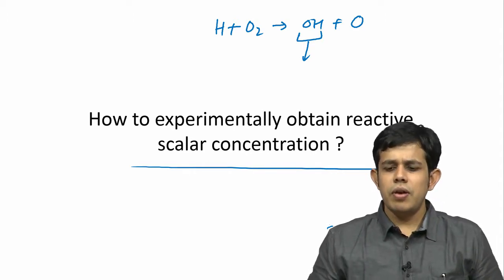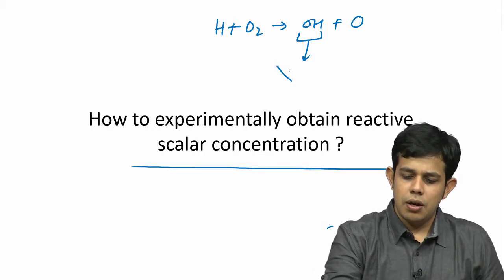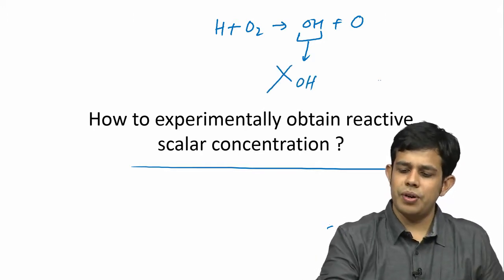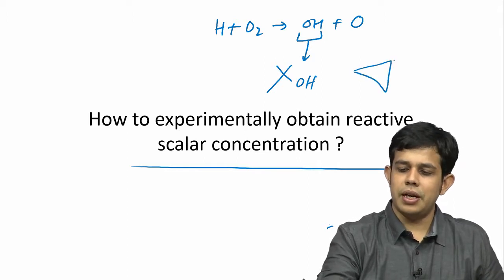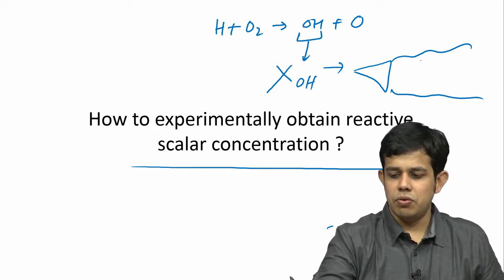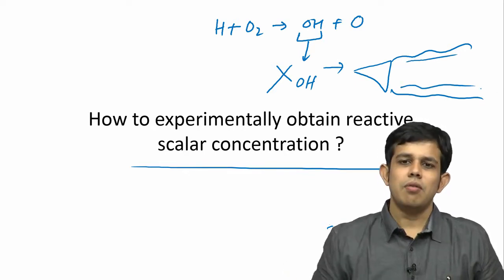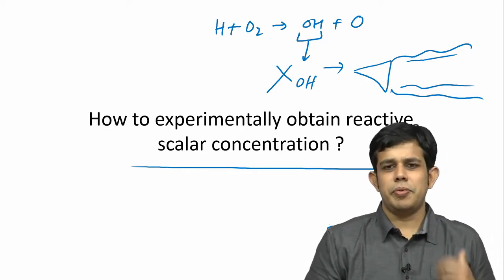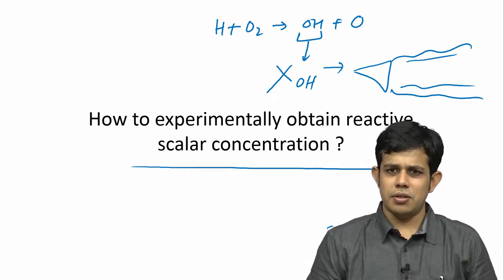Let us say we want to measure the mole fraction of OH in a given flow. Suppose we have a blowoff body like this, the flow is coming here, and the flame is stabilized like this. OH will be formed somewhere, and we want to measure the OH concentration. Now, how can we experimentally obtain this reactive scalar concentration?